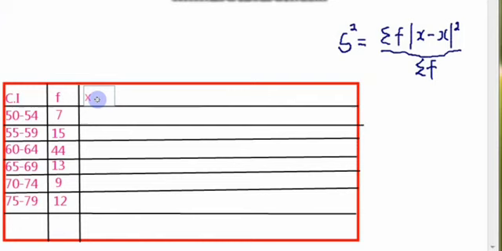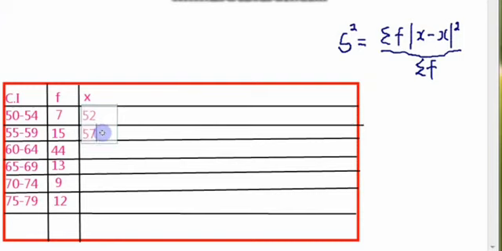Remember that x is always our midpoint, which is gotten from the class interval. That is the addition of these two limits divided by 2. 50 plus 54 divided by 2 gives me 52. On the next row, 55 plus 59 divided by 2 gives me 57.